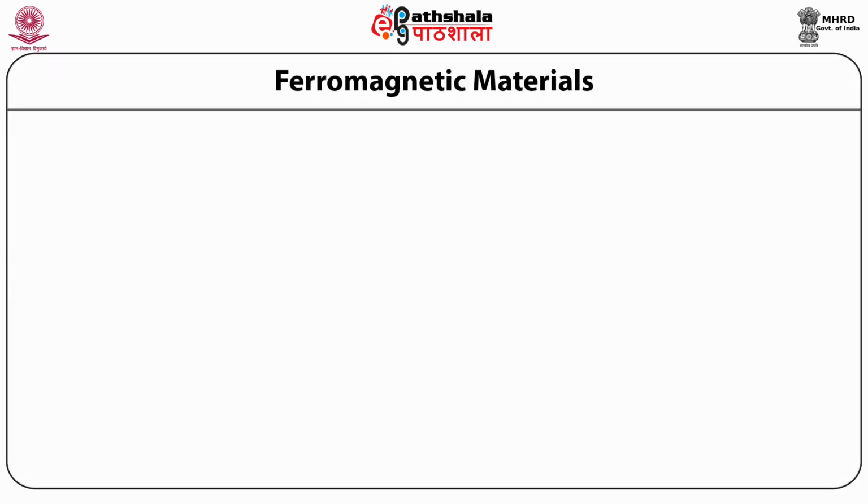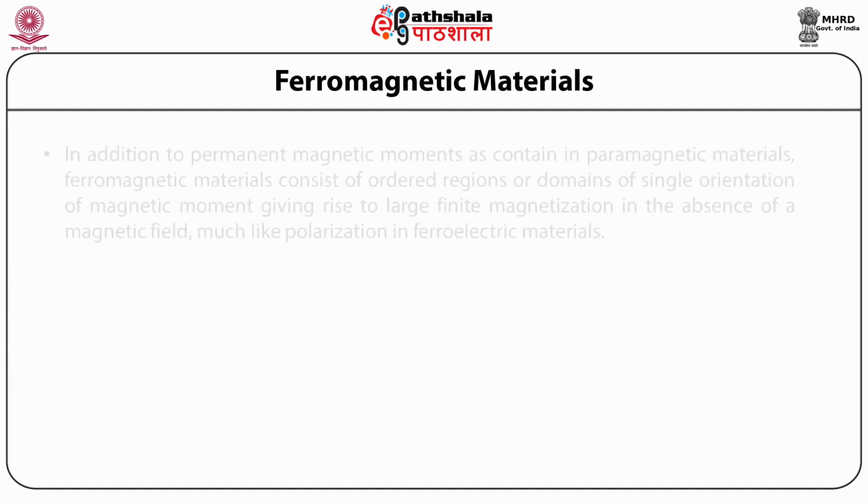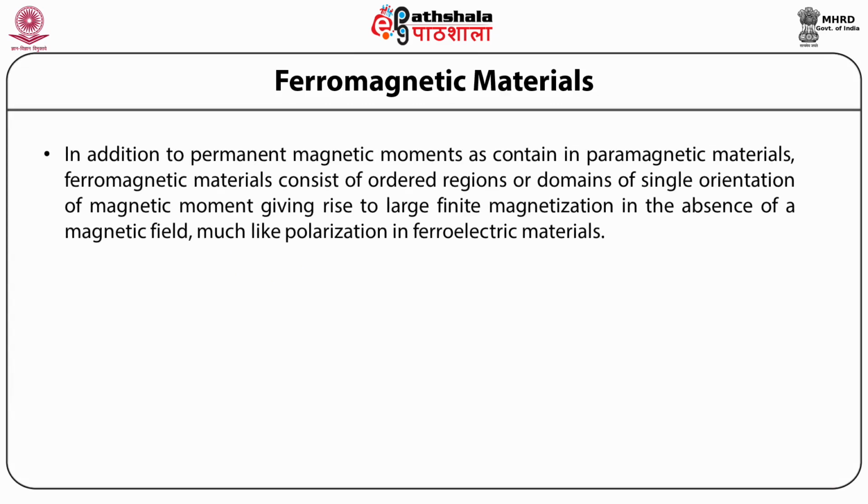ferromagnetism. Ferromagnetic materials. In addition to permanent magnetic moments as contained in paramagnetic materials, ferromagnetic materials consist of ordered regions or domains of single orientation of magnetic moment, giving rise to large finite magnetization in the absence of a magnetic field.